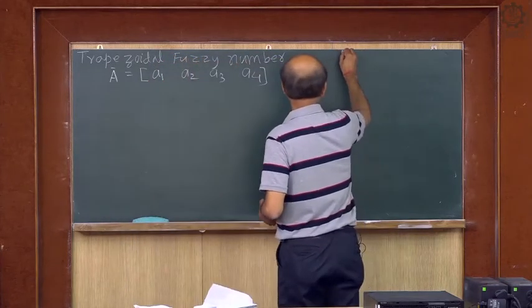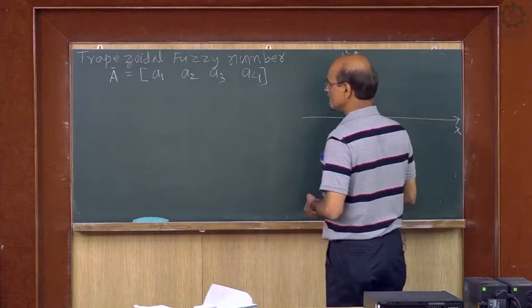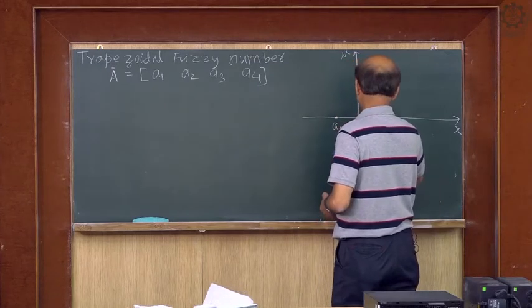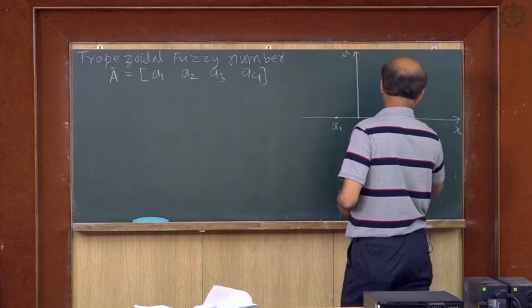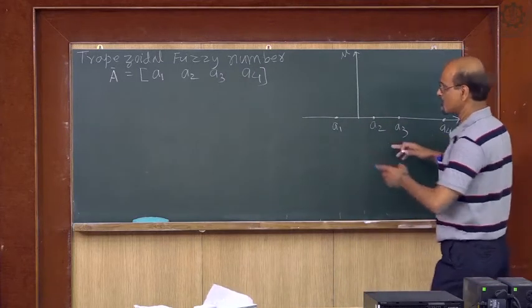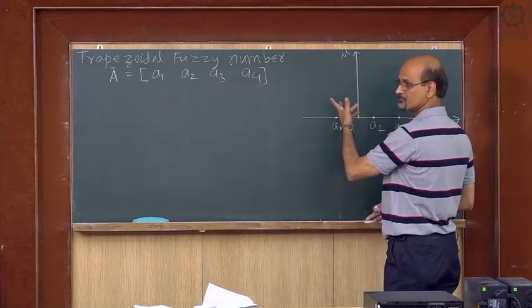And if I want to draw here x and mu, so I have this side A1, A2, A3, A4 on the x axis, and remember here from A2 to A3 membership value is 1.